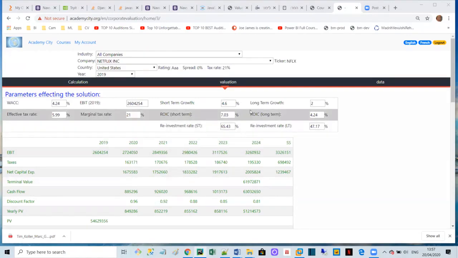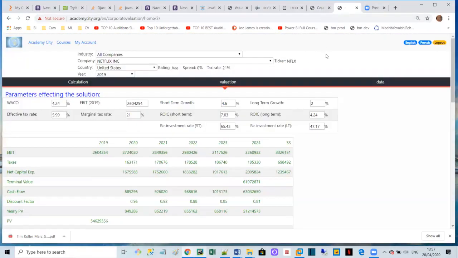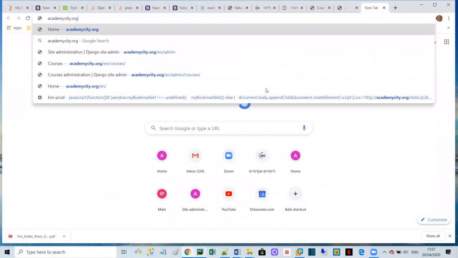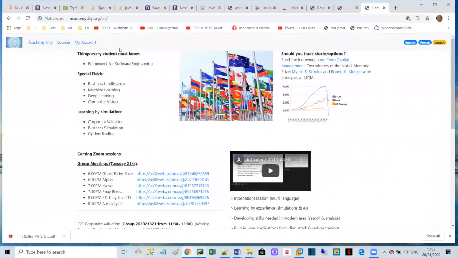Okay, let me go over where is the material for the course. As I said, you have here, let me go here. You can also, by the way, open another folder. You can open as many as you want. It's a web application. So I'm going to courses.